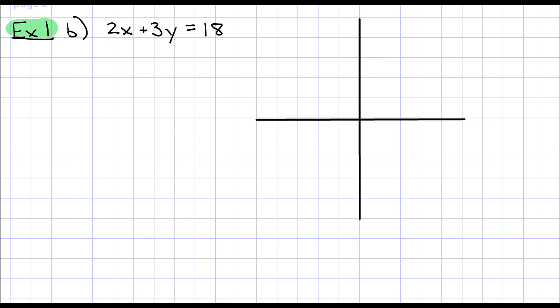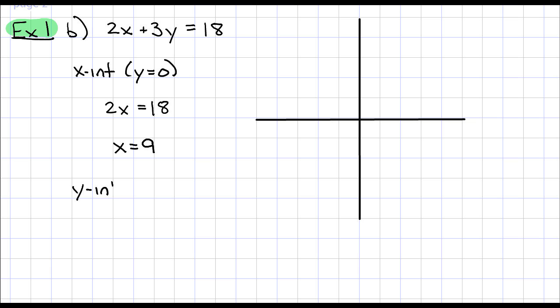So we start by finding, again, the x-intercept, which is where y is equal to 0. Plugging y equals 0 into that equation, I'm left with 2x equals 18, or x equals 9. Okay, so this is my x-intercept, and I'll put it on my axes here in a second.